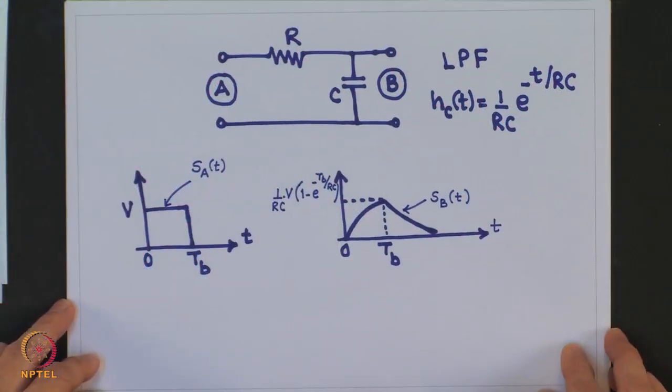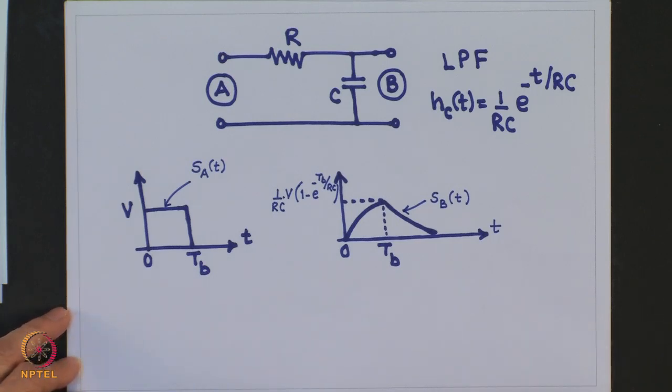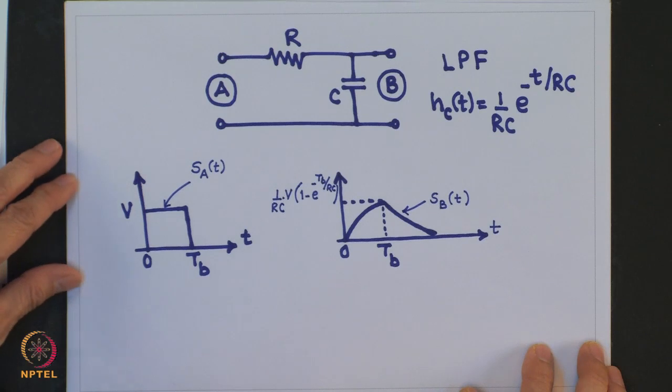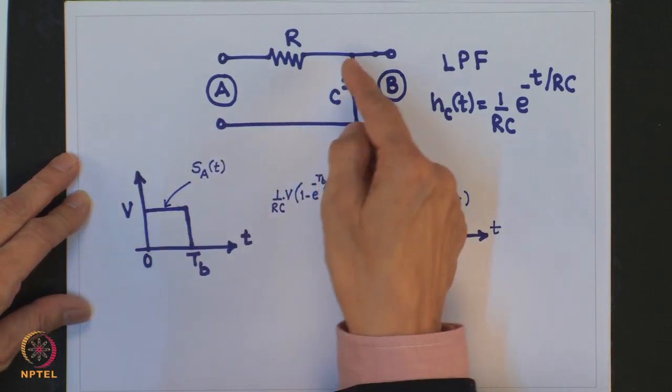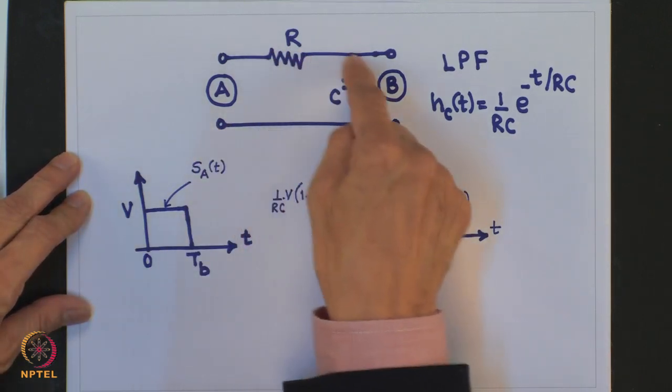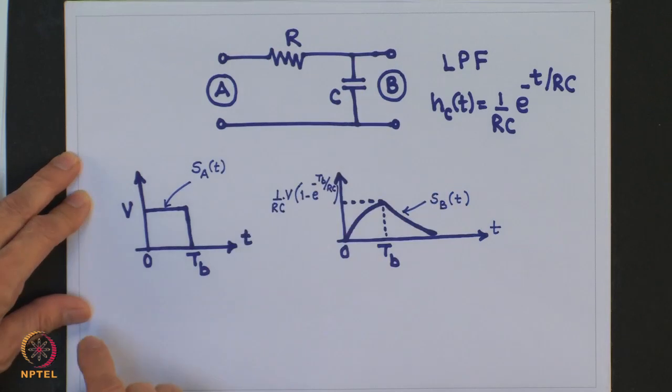So, let us try to understand this ISI problem a little more in depth. Let us say that we choose a rectangular pulse, and that pulse is to be transmitted on a communication channel which is of a low pass nature. Let me model the channel as a simple RC circuit shown here.